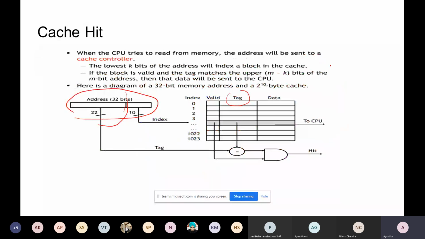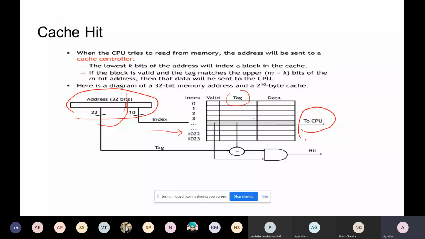So whenever you are sending the address and there is a match with this tag, next you have to check with which index you are fetching. Within that index, you have to fetch which part or which offset you are considering to fetch the actual data that is required for your CPU request.